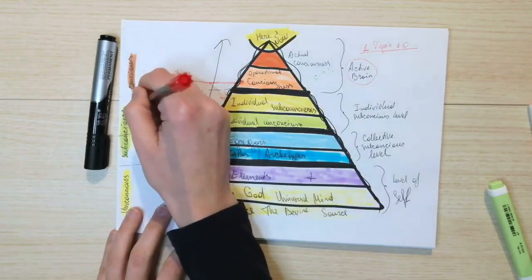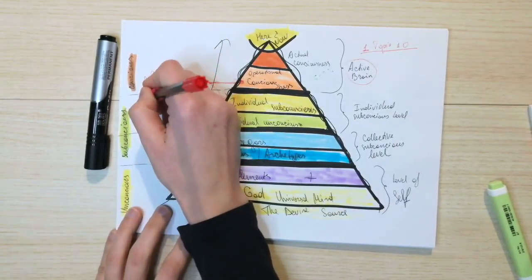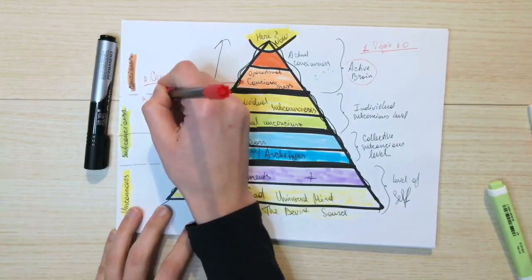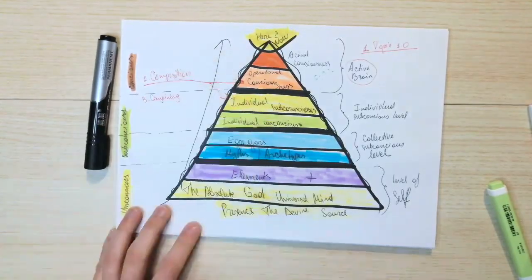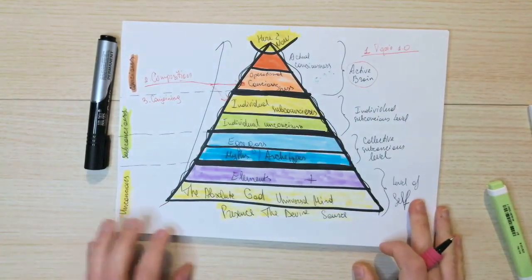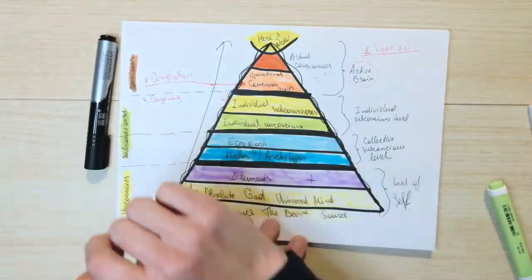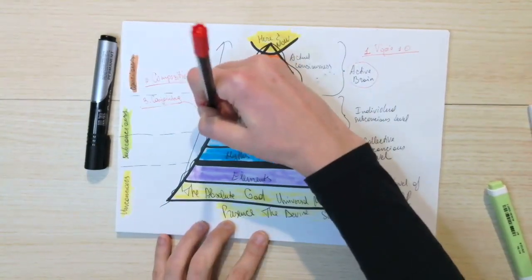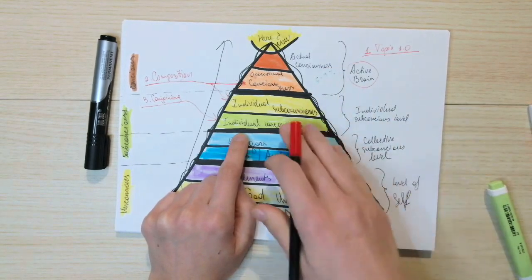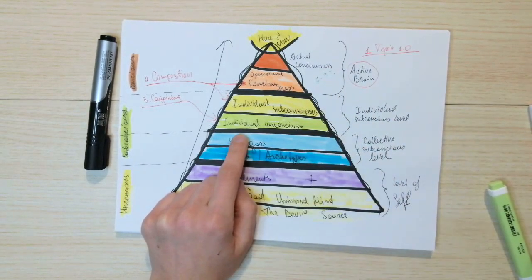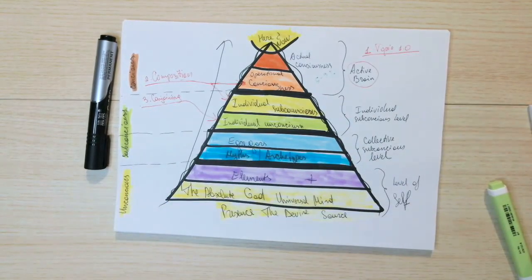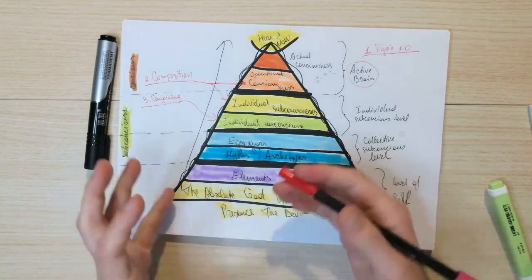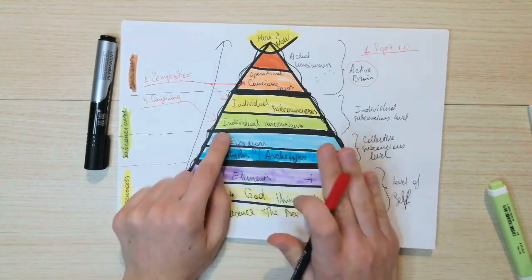Then the third step of the basic algorithm is conjoining. How we usually say it is rounding. Conjoining happens on the individual unconscious level. So here we go deeper. Each rounding connects what used to be separated, and we create new neural connections. We work with our inner conflicts and start dissolving them.